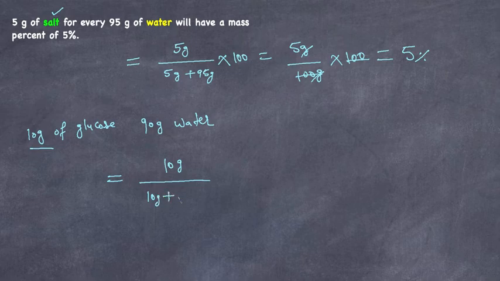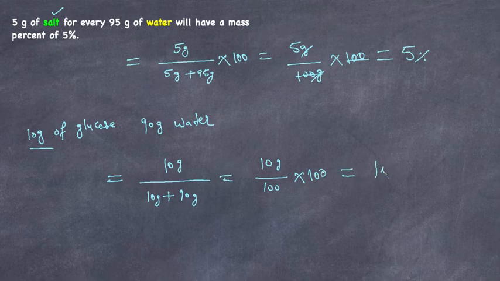So 10 gram is glucose and 90 gram is water. So it is going to be 10 gram divided by 100, multiplied by 100. So this gives us 10%. Cancel the gram. So we're left with 10%. So these are very basic, simple examples just to understand the concept.